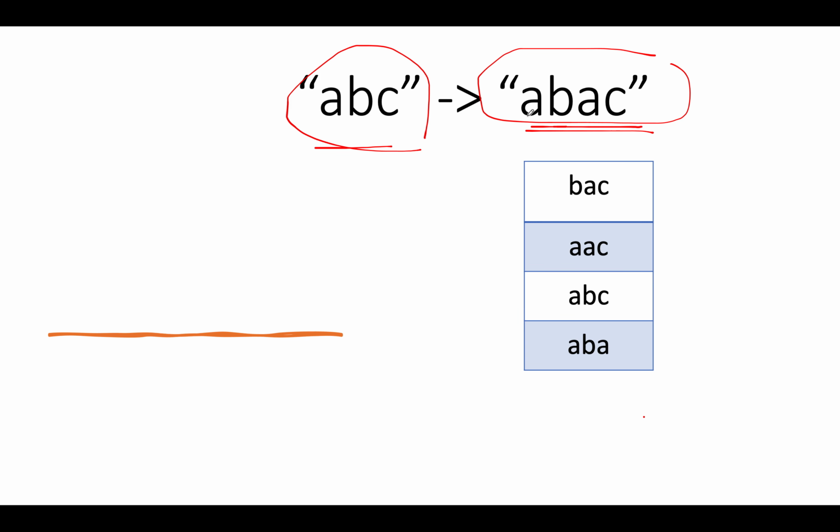You delete one character starting from the 0th index, you get BAC, then you delete the character at the next position, and you get AAC. Then you delete the second index character, you get ABC, which is highlighted here, and the fourth one being, you delete the last character and you get ABA.